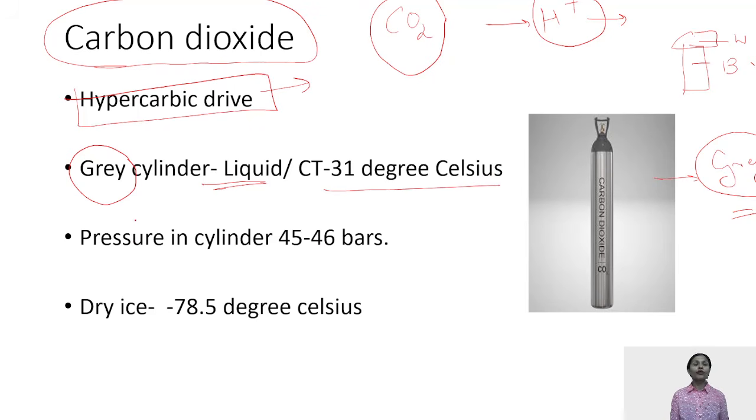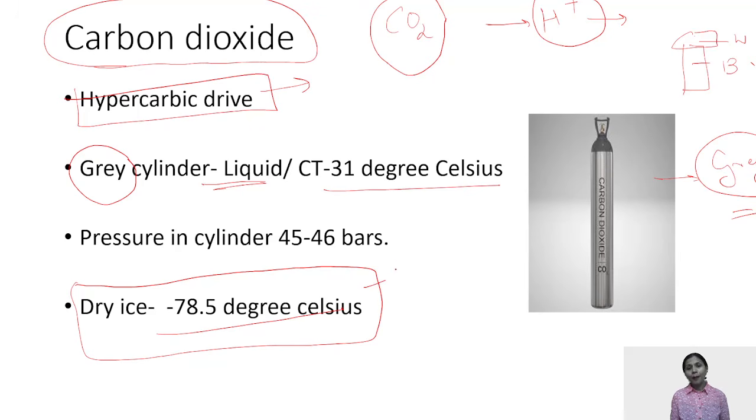And one important form of CO2 that is present is solid ice. That is, dry ice is actually CO2. It is formed at a temperature of minus 78.5 degrees Celsius. Yeah, I know it is a bit annoying when it comes to all these numerical values, but there are certain values that you all have to remember.